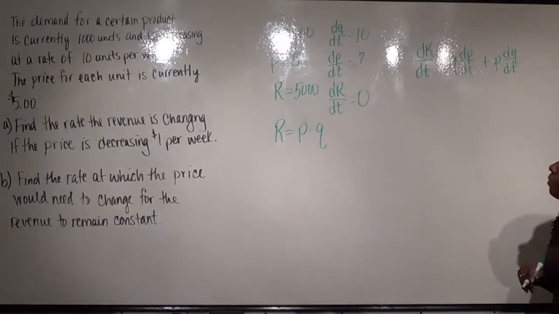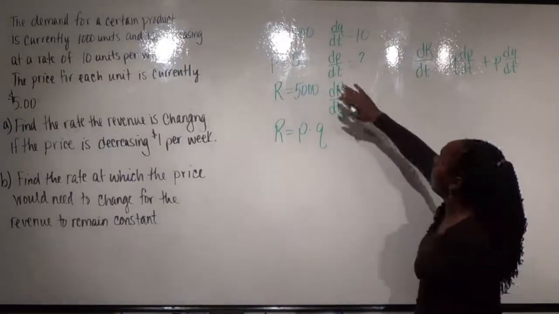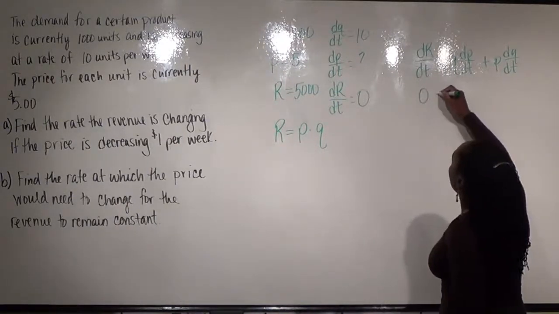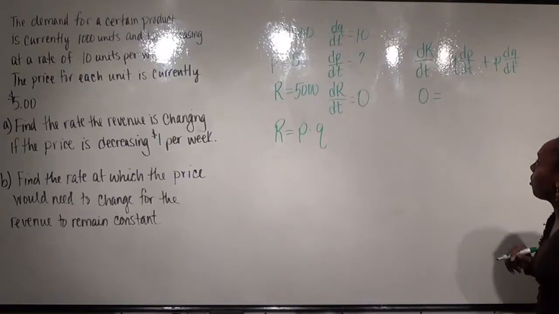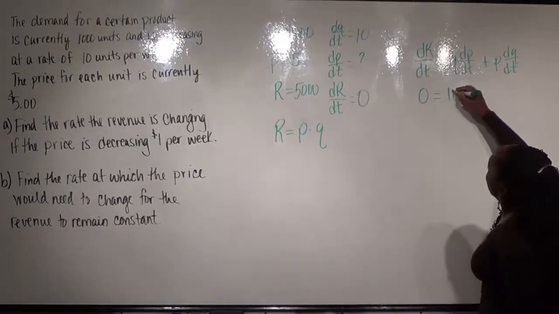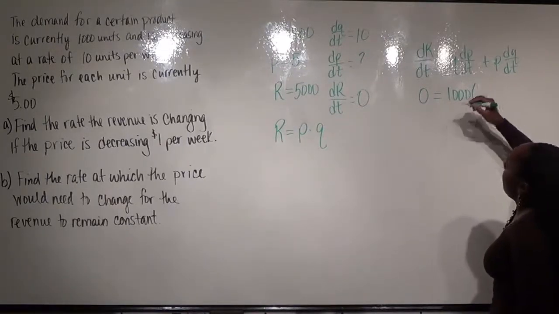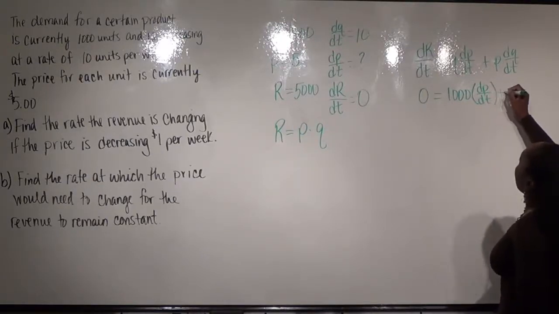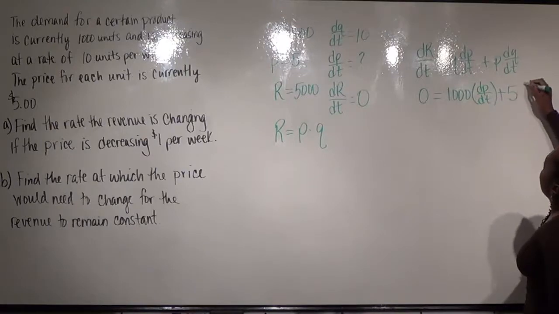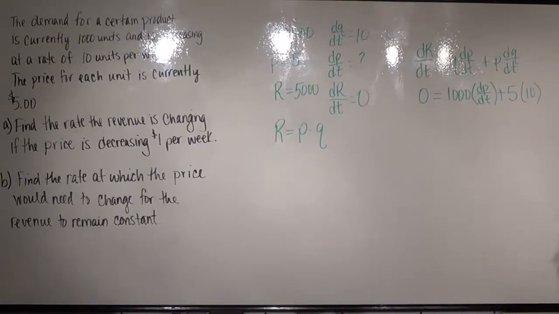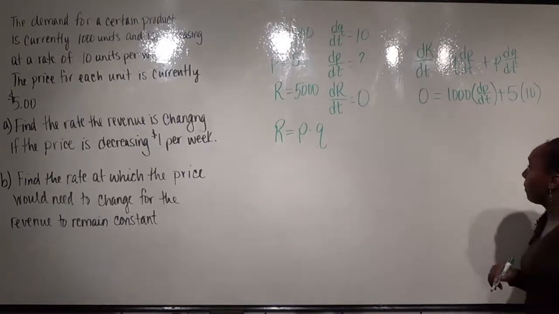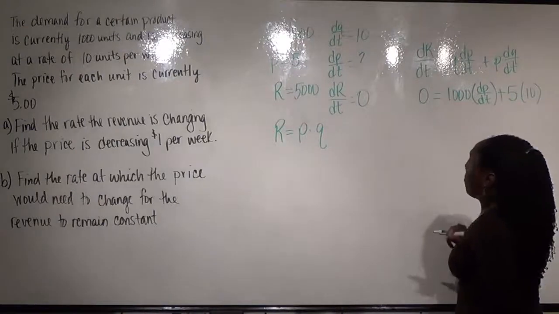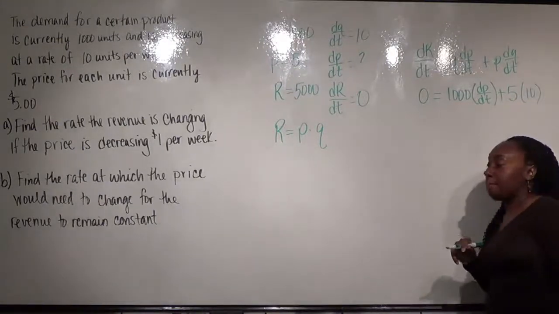Now that we have the derivative, we can plug in our quantities. So dR/dt we know is 0, we want that to remain unchanged. Q, again, is 1,000. dP/dt we don't know. P is 5, and dQ/dt is 10. So we just need to solve this equation for dP/dt.